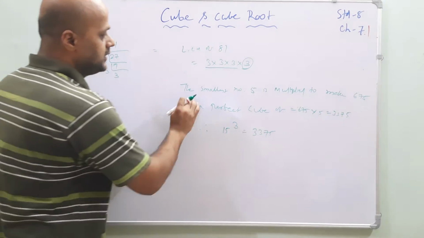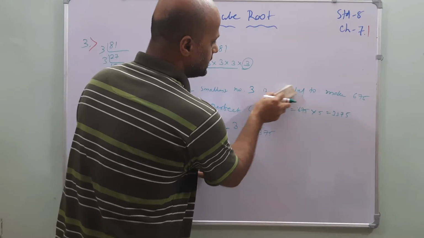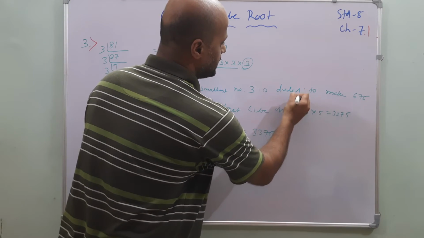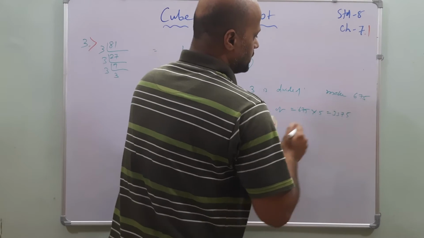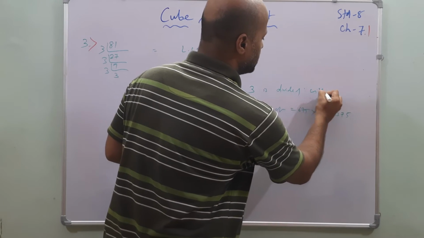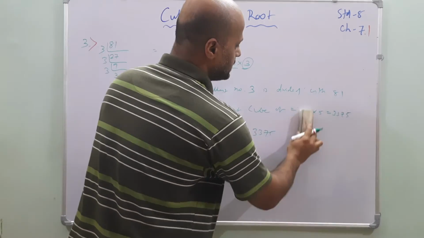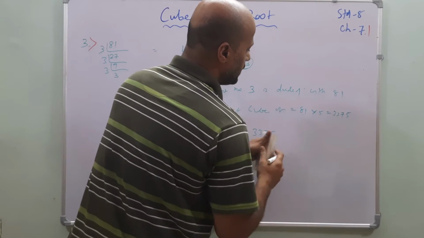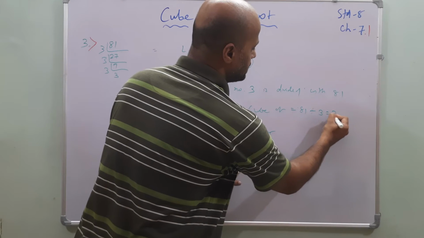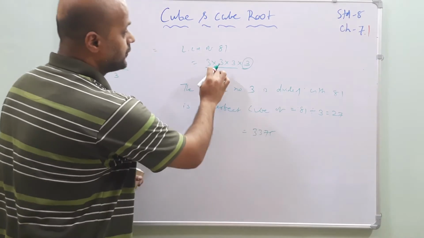Yes. So, what do you write? The smallest number 3 is divided with 81 to make a perfect cube. The perfect cube of 81 divided by 3 is equal to 27. So which one is the perfect cube? 3.